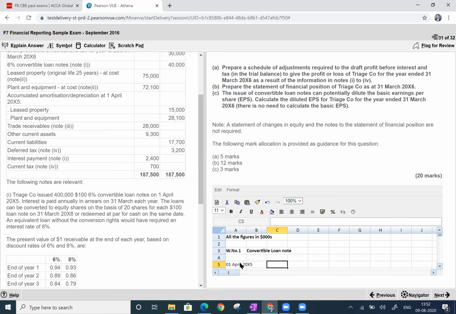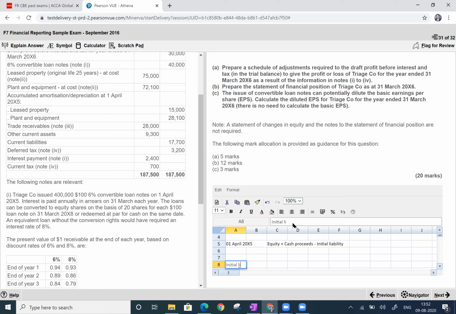So we have to calculate equity. How will you calculate equity? As you're aware, we have already done this question and many questions during our accounting standard class. Equity equals cash proceeds minus initial liability. So now we have to calculate initial liability.